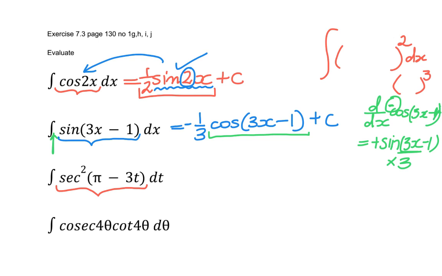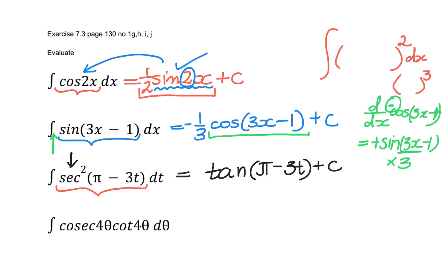The first and the most important thing is to check if there is a sec square of any angle in the table of antiderivatives. So my question is, do you see sec squared on the table of your antiderivatives? Your answer should be yes, I see sec squared, which is then the antiderivative of tan of that angle, right? Plus c.